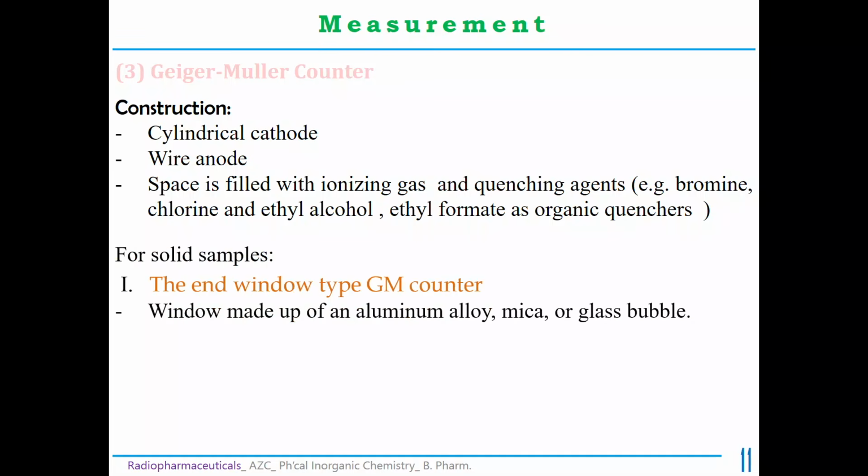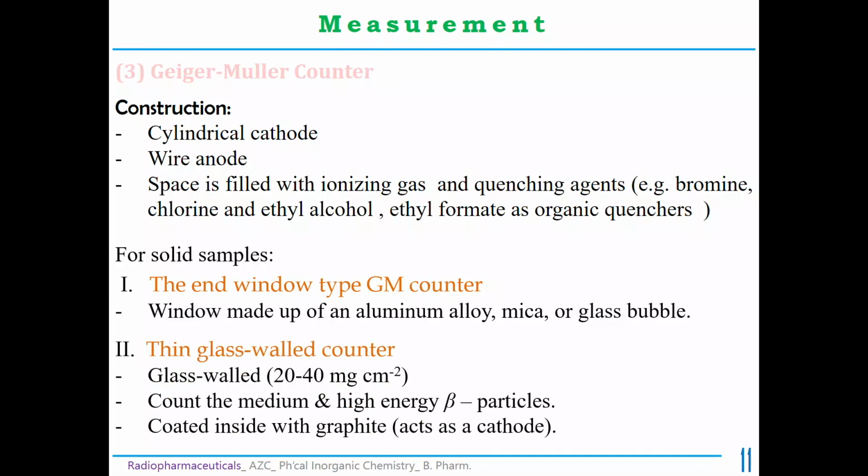For solid samples, the end window type GM counter, window made up of an aluminum alloy, mica, or glass bubble. For thin glass-walled counter, glass-walled with 20 to 40 milligrams per square centimeter. To count the medium and high-energy beta particles, it is coated inside with graphite that acts as a cathode.